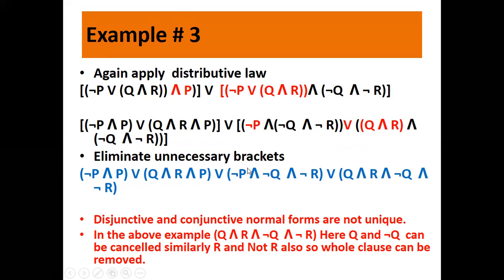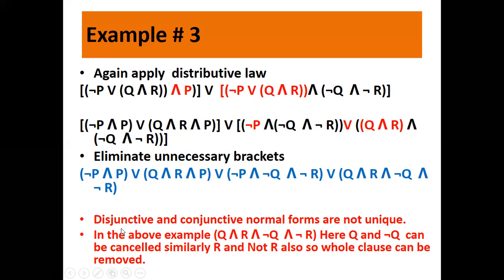Now if you look at the statement carefully, all the clauses are connected using disjunction, and each has a series of conjunctions. So the statement is in disjunctive normal form.